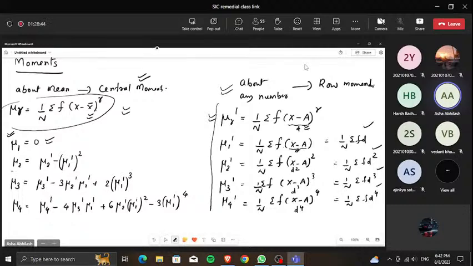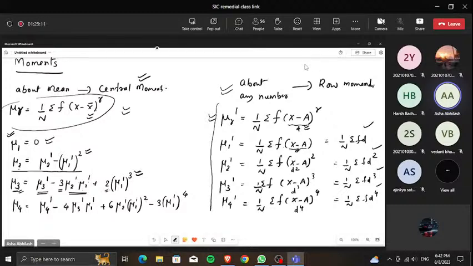You can remember it this way: for mu2, it is mu2 dash minus mu1 dash whole square. Next you have to find mu3, so obviously we start from mu3 dash. Then the combination of mu2 dash and mu1 dash, with 3 times mu2 dash mu1 dash, plus 2 times mu1 dash all raised to 3.